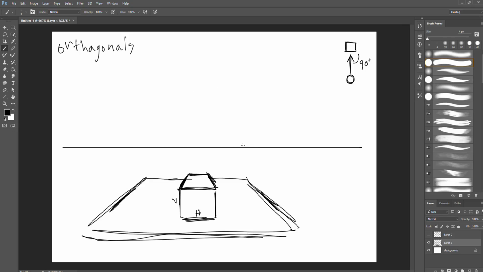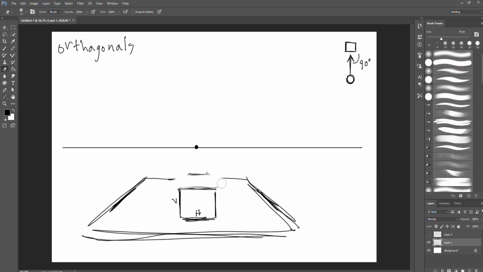And they don't just touch anywhere. They always touch at my eye level, wherever my eye level is. So, for example, let's say I'm sitting down and drawing this scene.